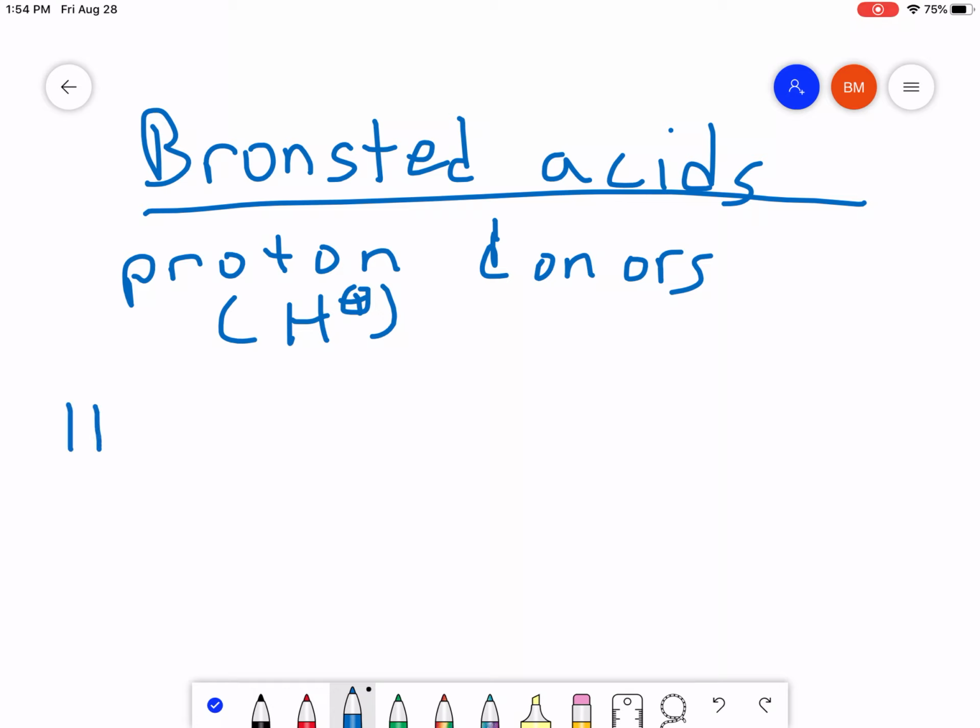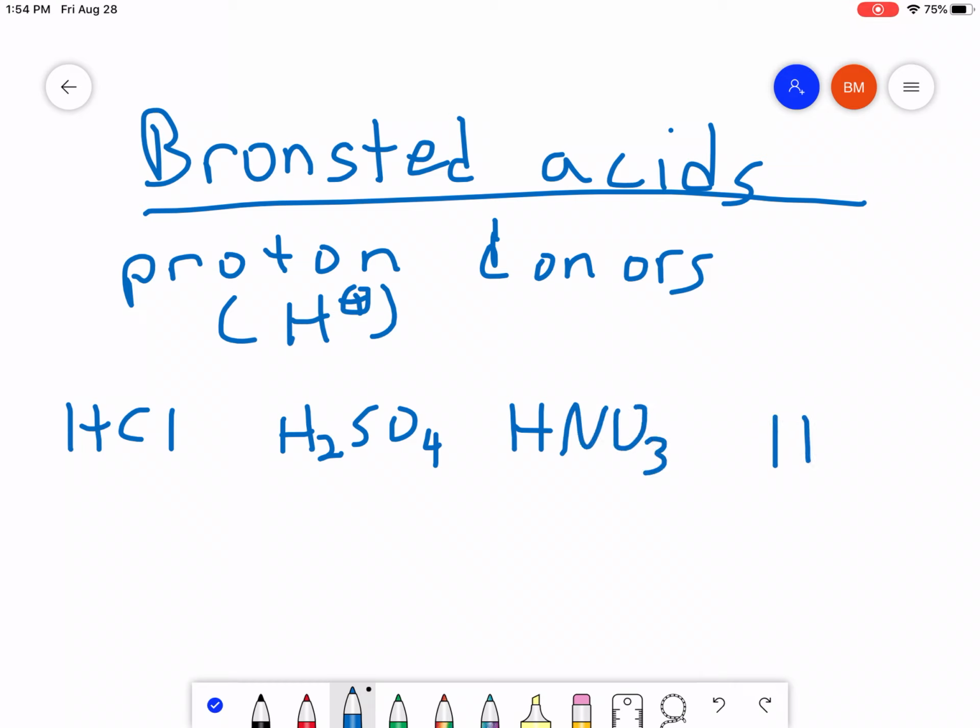You've learned about hydrochloric acid, HCl, sulfuric acid, H2SO4, nitric acid is another common one, HNO3. The hydronium ion itself, this is what actually forms whenever an acid is dissolved in water and it gives off its proton. The water can accept it and becomes hydronium. Water itself can be an acid. It can actually donate a proton.